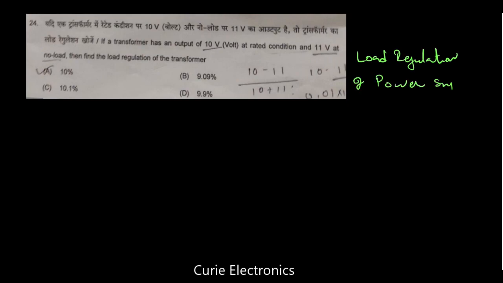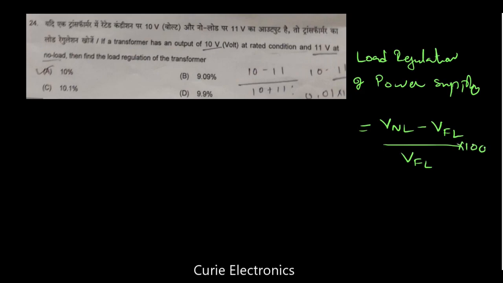For power supply, the equation is different. That is equal to V no load minus V full load upon V full load into 100. This is for the power supply, but here it is a transformer.